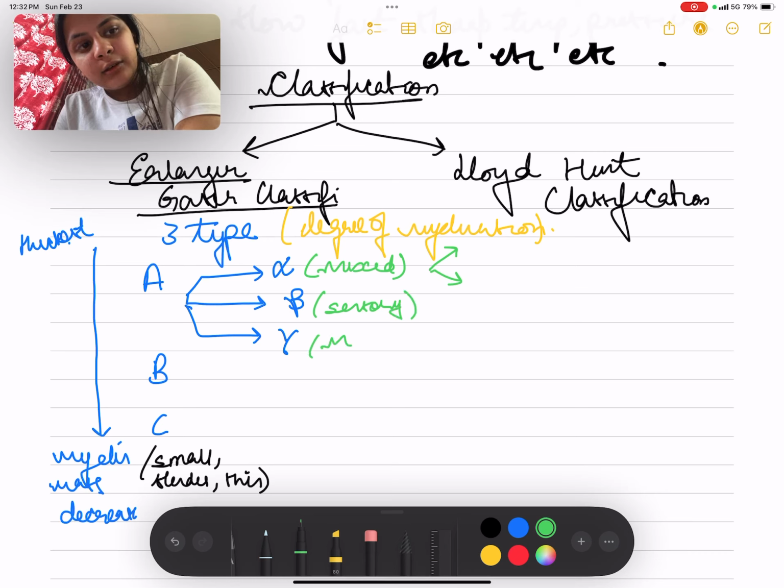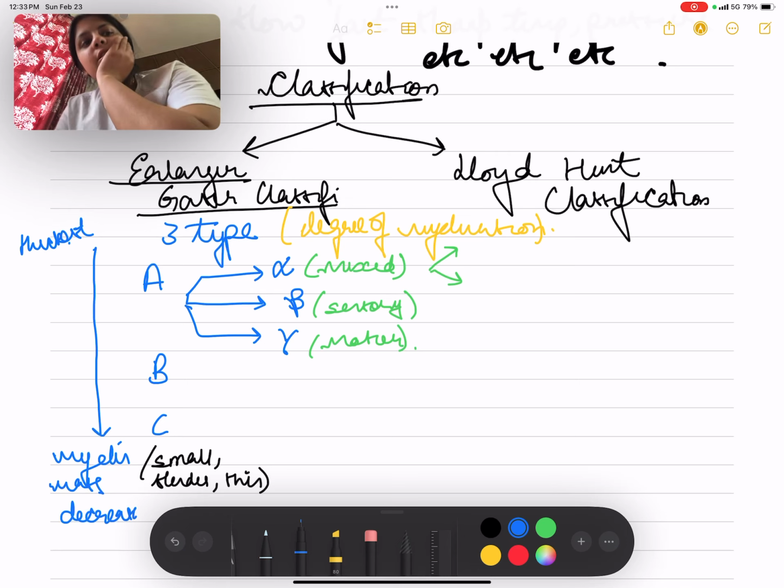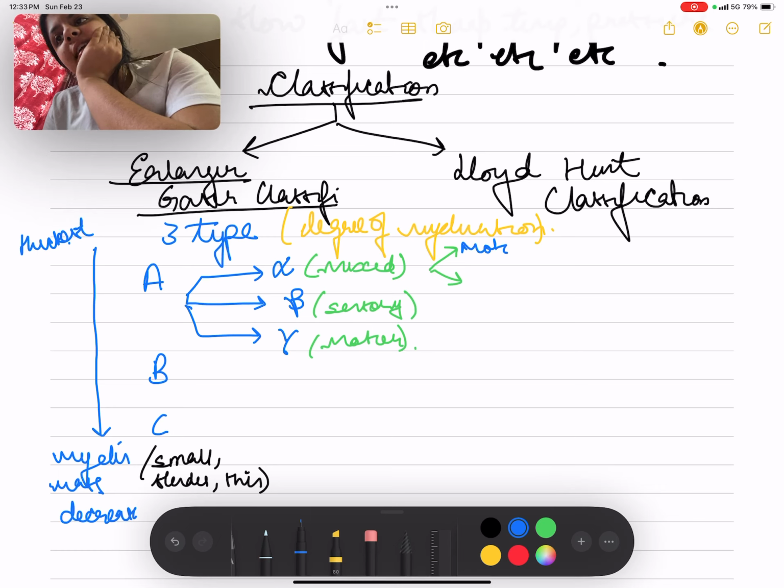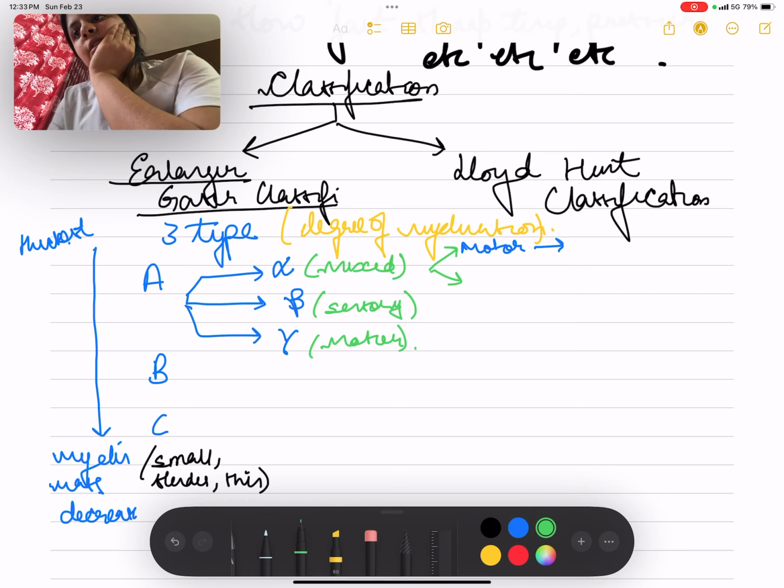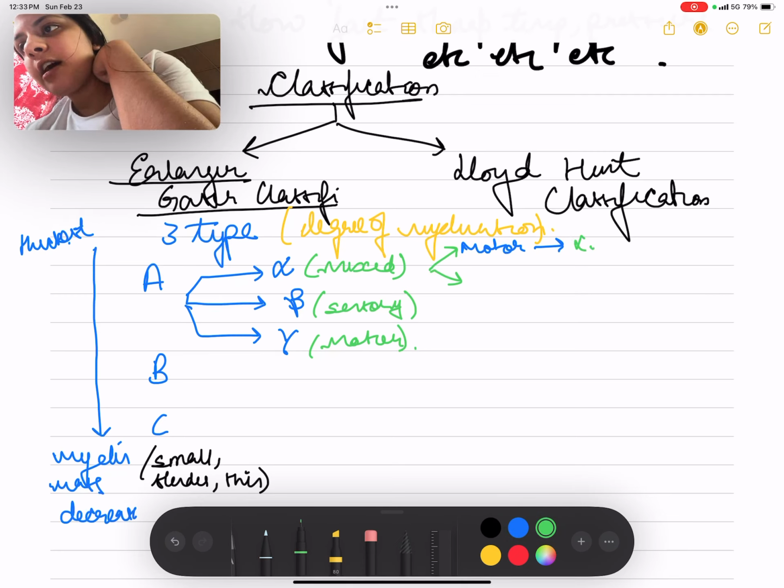Okay. Now, alpha fibers carry mixed impulses, both sensory and motor. For motor, what are they carrying? This motor is nothing but the alpha motor neuron which you have studied in the neuromuscular junction.